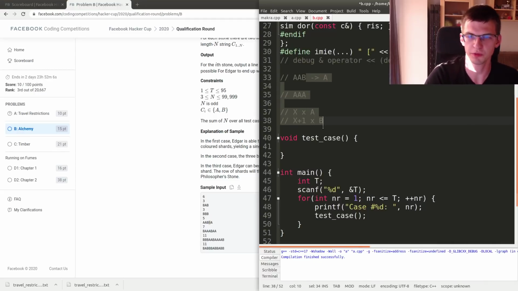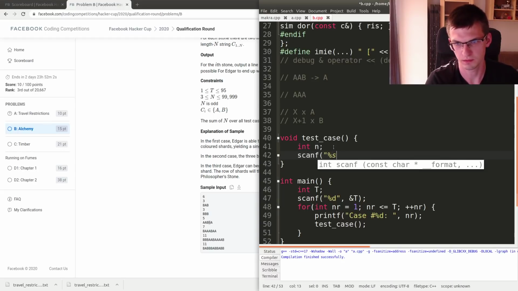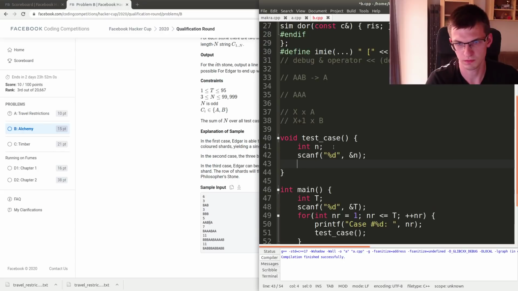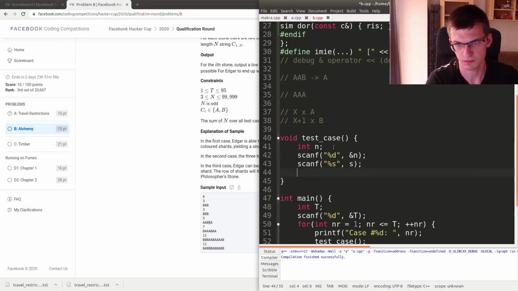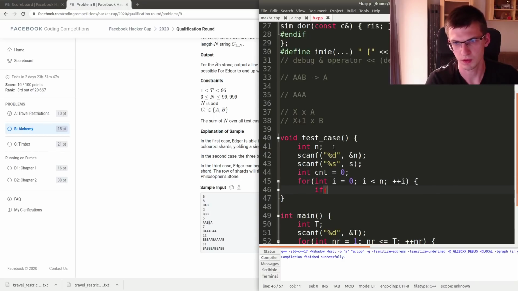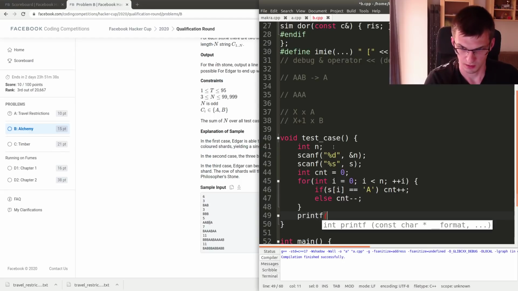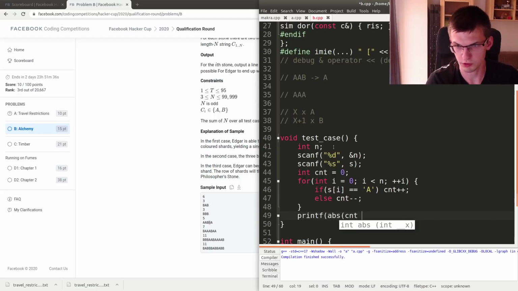Because every time we remove one A and one B. If this character is A, let's say count plus plus, else count minus minus, and at the end it must be equal to 1 or minus 1.